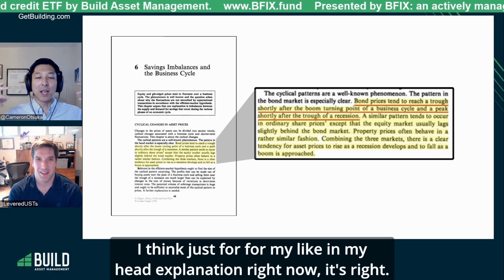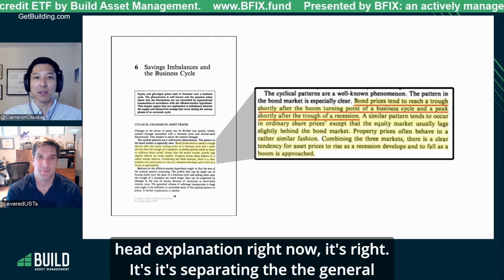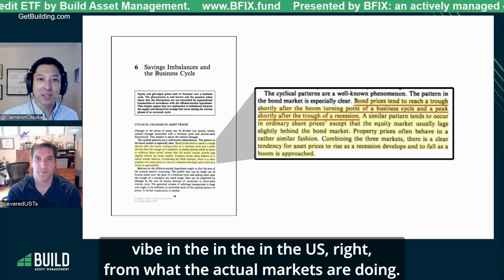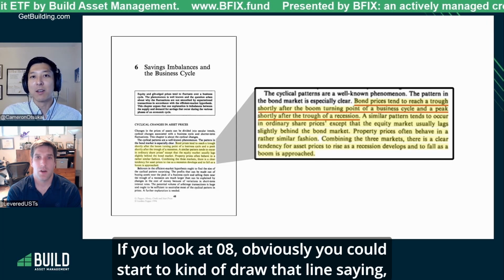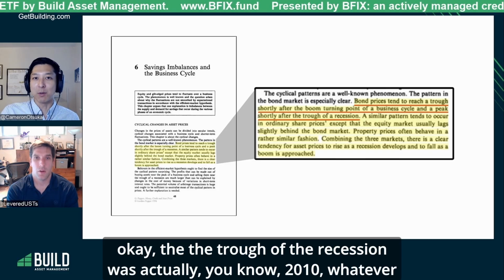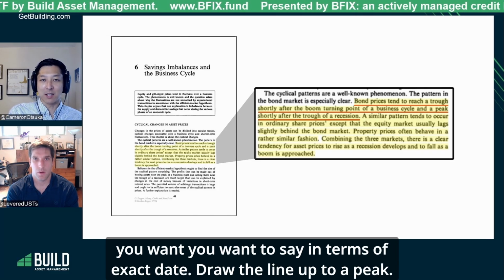And I think just in my head explanation right now, it's separating the general vibe in the US from what the actual markets are doing. If you look at '08, you could draw that line saying the trough of the recession was actually 2010, whatever you want to say in terms of exact date.